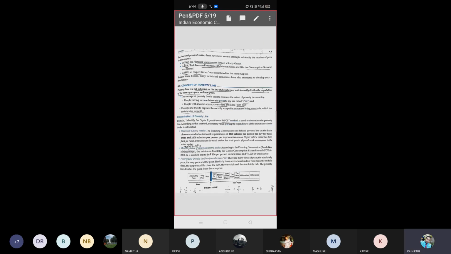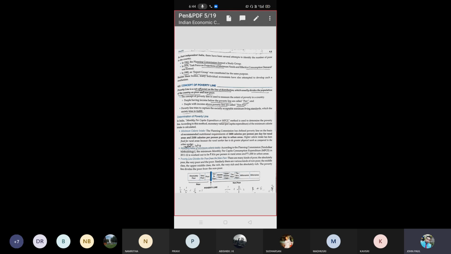So here, the first one is how we can fix the poverty line: analysis of monthly per capita expenditure. Per capita means per person, a single person. Expenditure we know very well, and it is used to determine the poverty line.